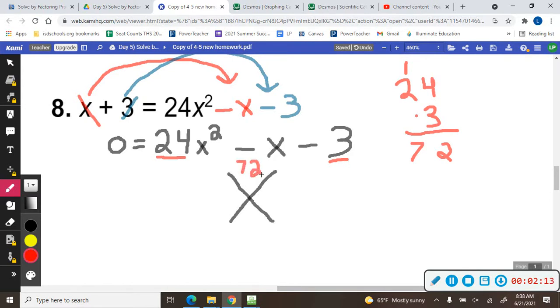So I need 2 numbers that multiply to 72, but add to negative 1. In order to get to 1, the numbers must be 1 apart. So when I'm thinking about 72, I know 72 is 9 times 8.